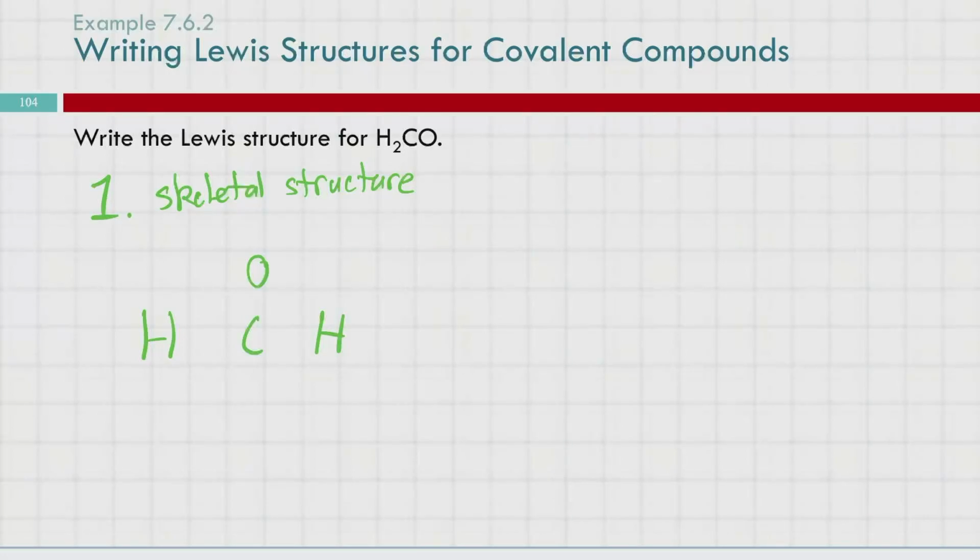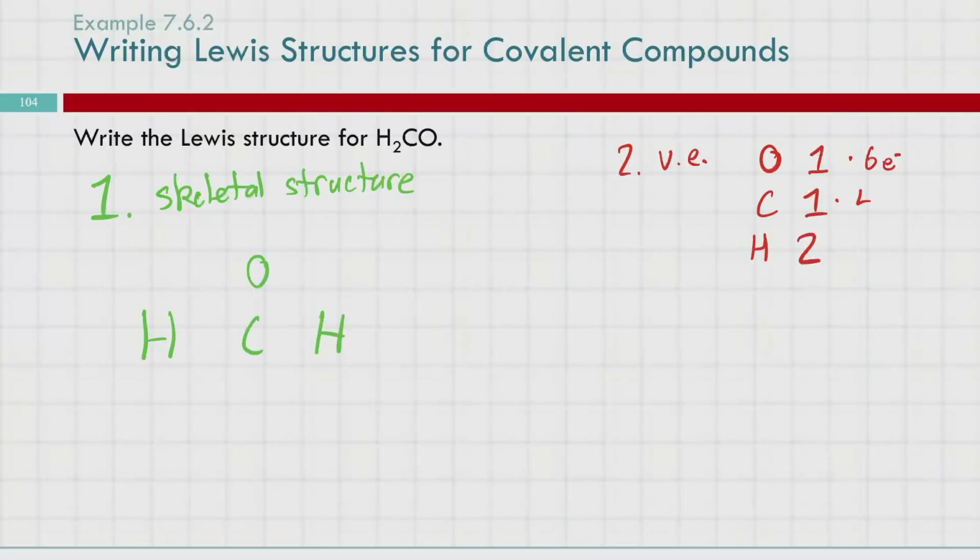Then we need to count up our valence electrons. We've got oxygen, count 1. Carbon, count 1. Hydrogen, count 2. Oxygen has 6 valence electrons.